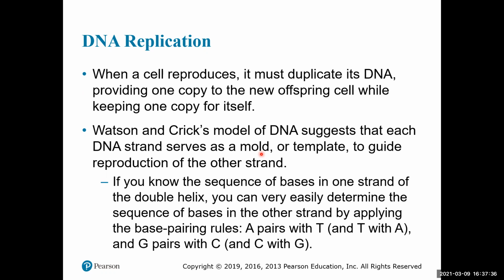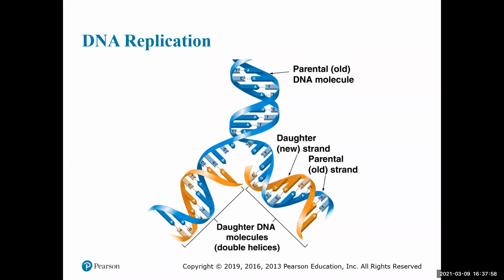So if you see a G, you automatically know that the opposite base pair has got to be a C. And if you see a T, you know that that has to be paired with an A. So if you have one strand, you automatically know what the second strand is. And so this makes DNA replication really sound because of these base pair rules.